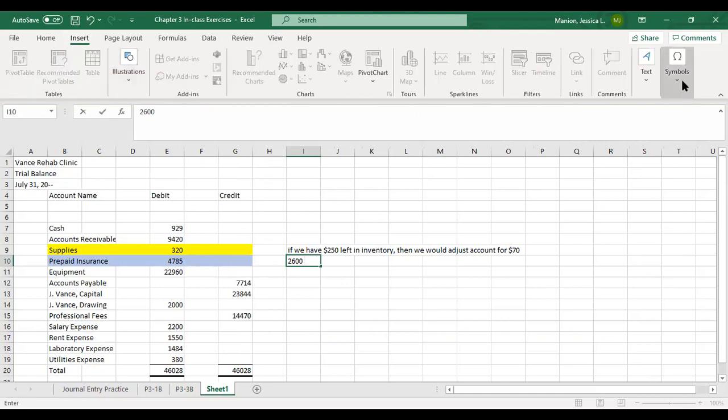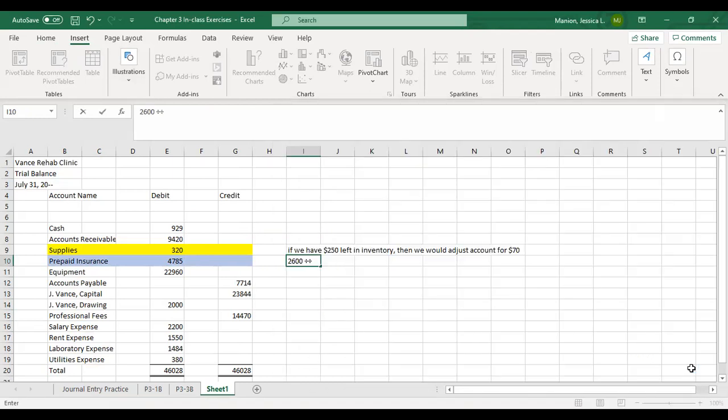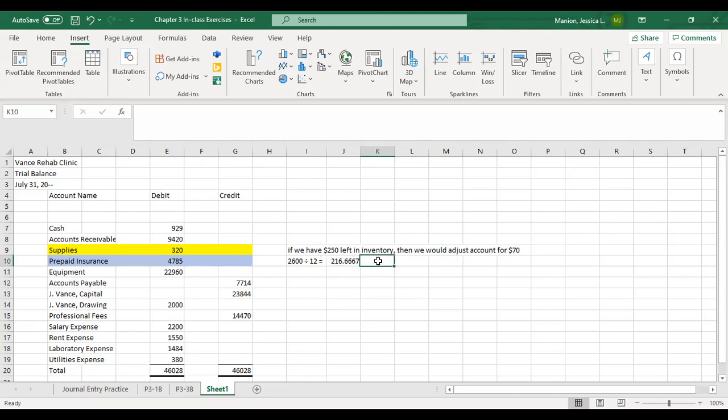If we paid $2,600 for 1 year, we take $2,600 divided by 12. That means that our insurance is $216.67 basically per month.